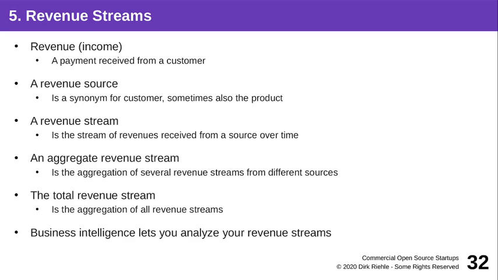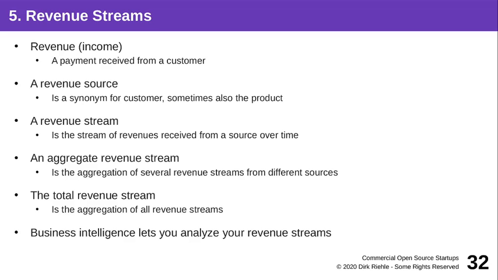In industry, various terms are being used. Sometimes we hear about a revenue source. So that usually means a customer, or sometimes all the customers who bought a particular product. So then the product, that's where the money, the revenues come from. And then you can aggregate it. Because there's a time component to it, you have a source, but each time period there's a new input or output from that source.